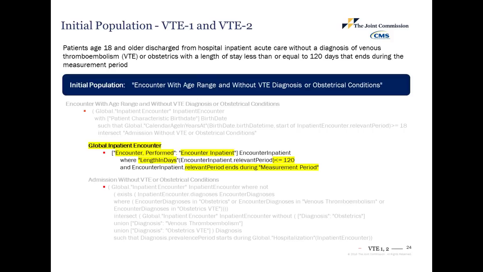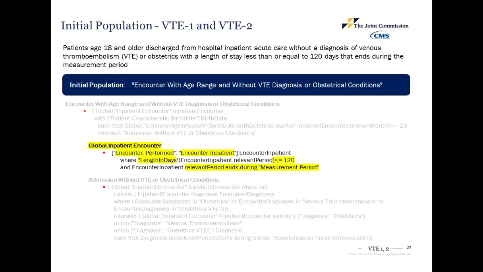Global is an alias for the Global Common Library, which stores the definition of inpatient encounter. So it's commonly used across many quality measures. And this logic looks for an inpatient encounter. So a patient must have one of the encounter codes from the encounter inpatient value set to meet the condition.